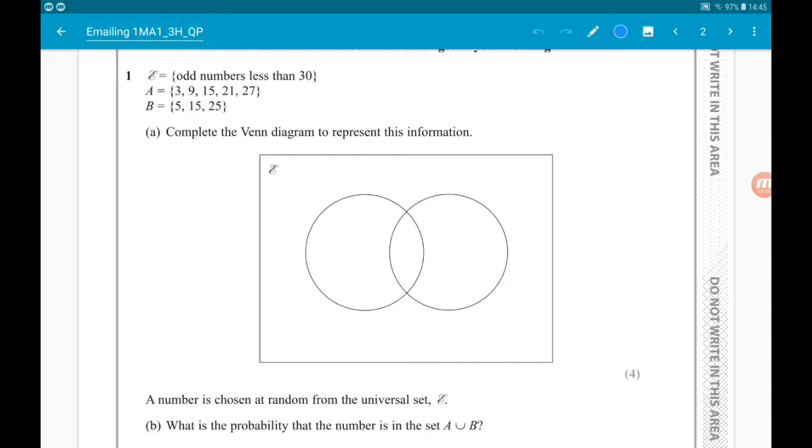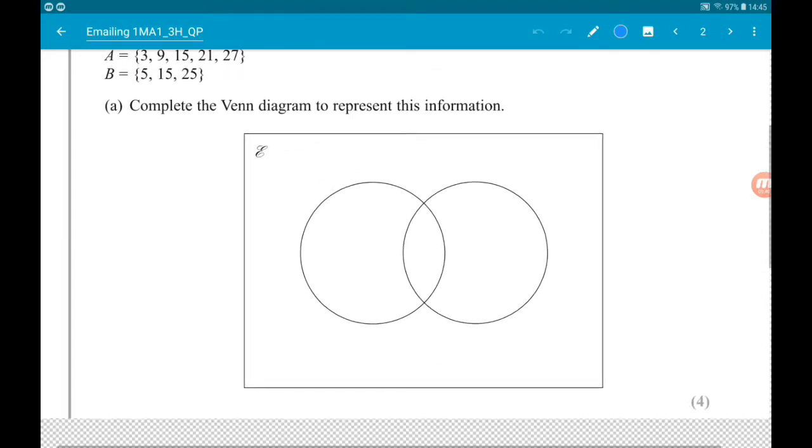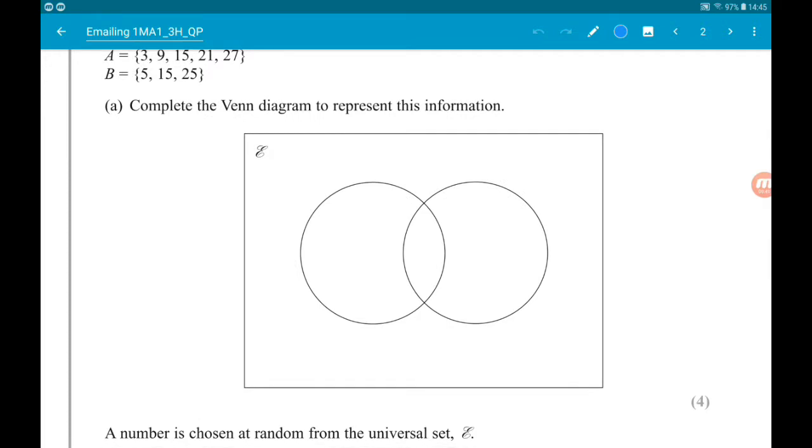Any number that's in neither set goes in the rectangle, so 1.